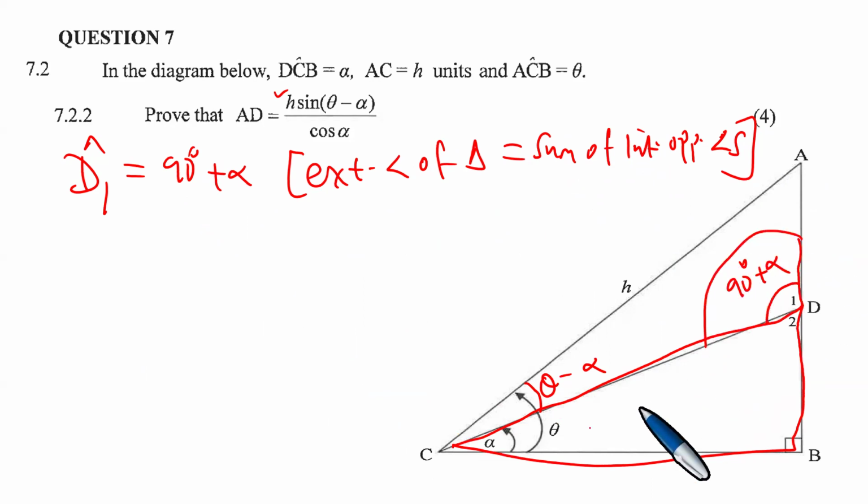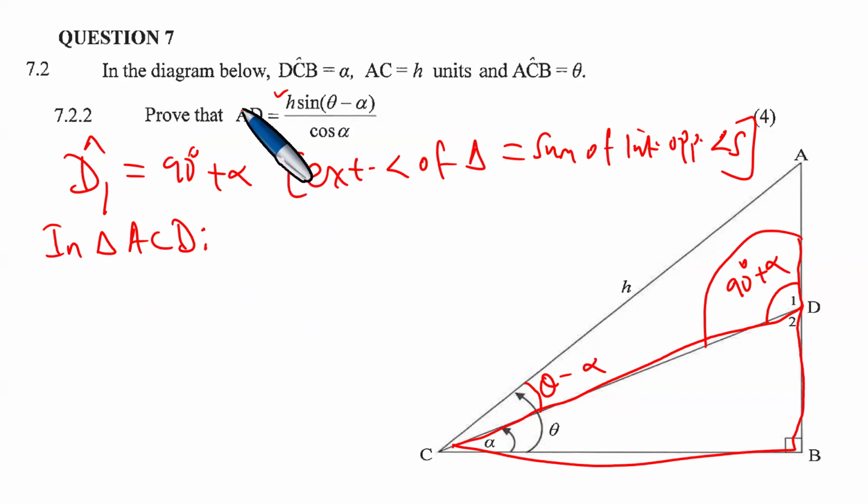90 degrees plus alpha. So now we say in the triangle, tell the examiner which triangle you choose to work in. So you're going to work in triangle ACD. Right, in triangle ACD, what we have here is the following.